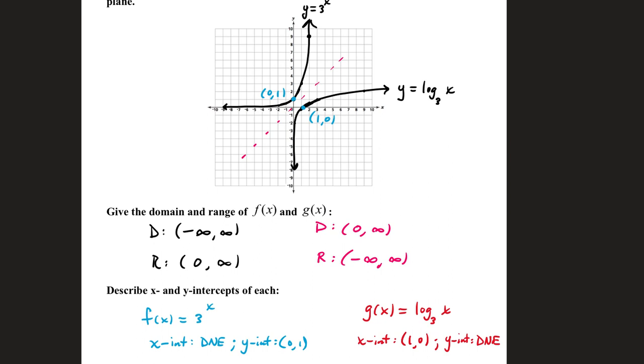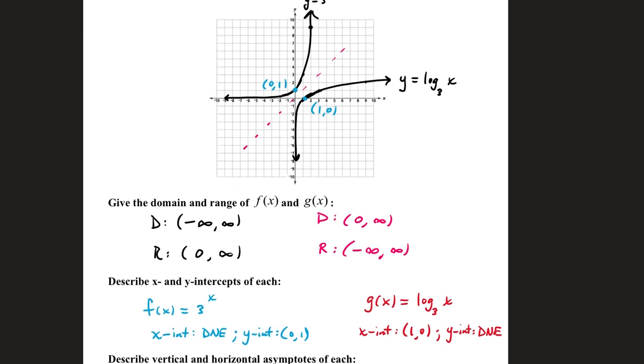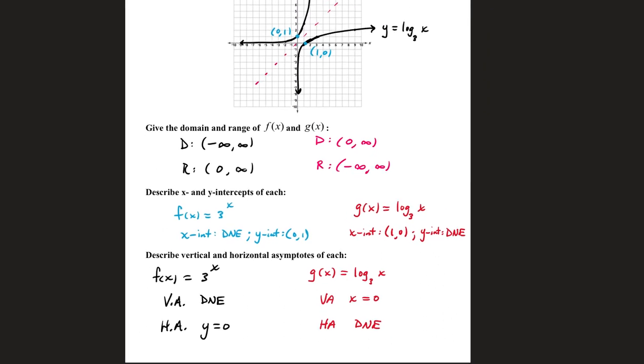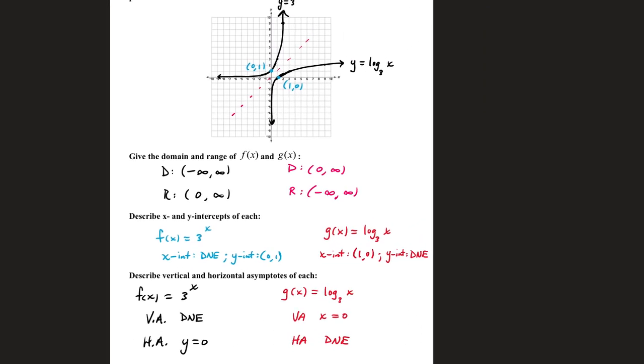And then finally, as I mentioned earlier, vertical and horizontal asymptotes. The exponential function has no vertical asymptote, but there is a horizontal asymptote at y equals 0.